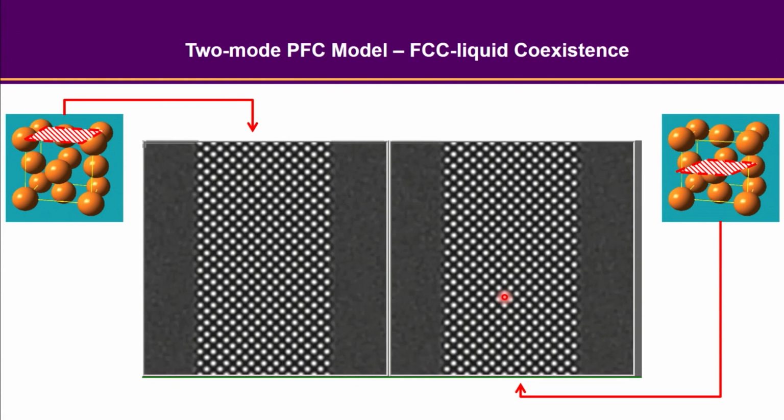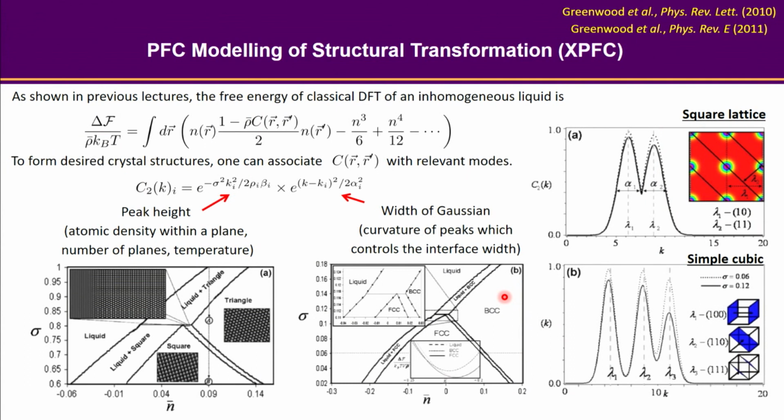Okay, so the idea is adding more modes. That brings us, very quickly and briefly, to the work by Greenwood. Greenwood actually has two papers, and it's also work from the professor's group. They show that you can include more detail from the structure factor or the correlation function to get different structures. The starting point is the classical density functional theory that we have been showing before.